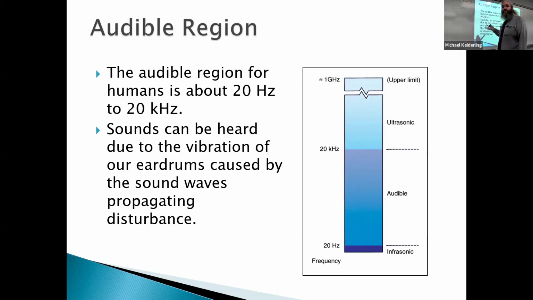So the audible region for humans, we can hear between around, at the very low end, 20 hertz up to around 20 kilohertz. And we can hear sound through the vibrations of our eardrums caused by the sound wave's propagating disturbance. So what happens is that the pressure wave reaches your eardrum, it moves your eardrum, and it gets transmitted through a series of tiny, tiny bones into your inner ear.